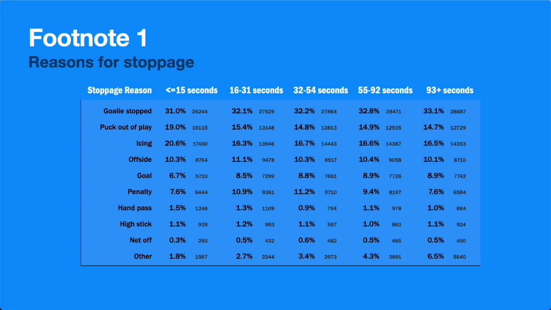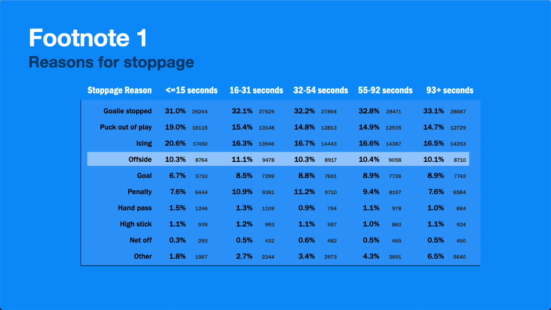The next 4 are interesting because play has now had a chance to get underway, to develop, to actually become established. And what's interesting is how little the reason for a stoppage changes, which is probably some Poisson distributions, plural, going on.